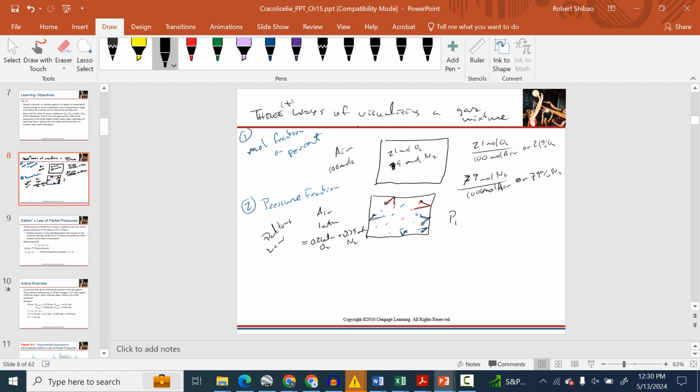Dalton's law says that P total is equal to the sum of the partial pressures. So it's going to be PA plus PB plus dot dot dot. And so if I only have two things here, oxygen and nitrogen, then P total, in this case 1 atmosphere, is going to equal 0.21 atmospheres of oxygen plus 0.79 atmospheres of nitrogen.